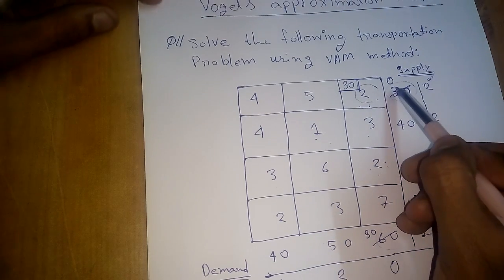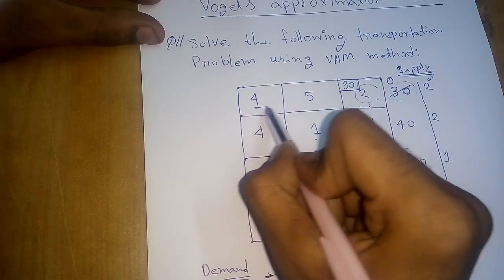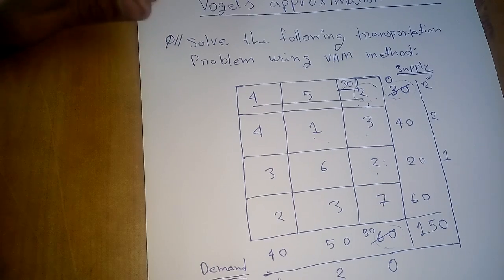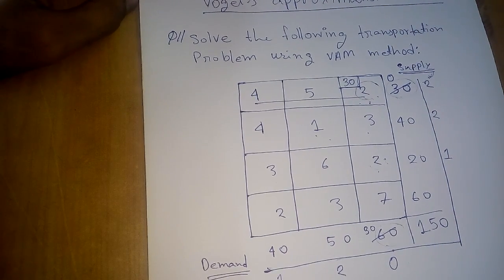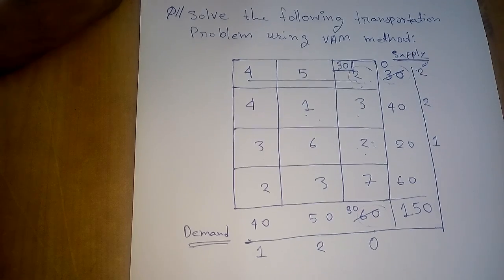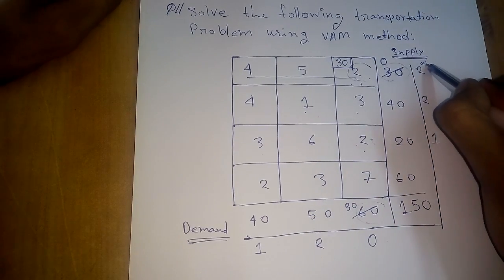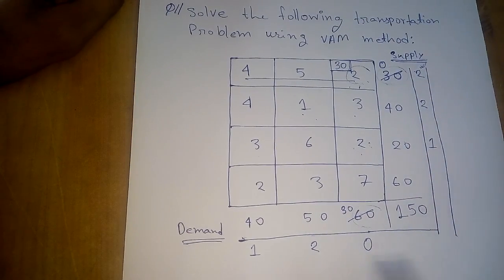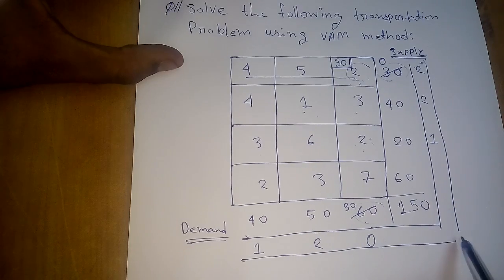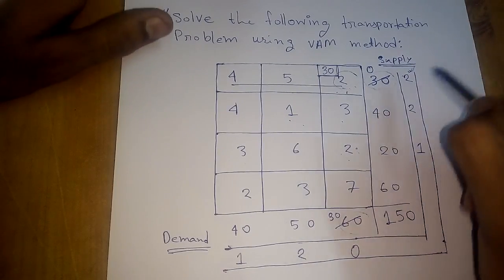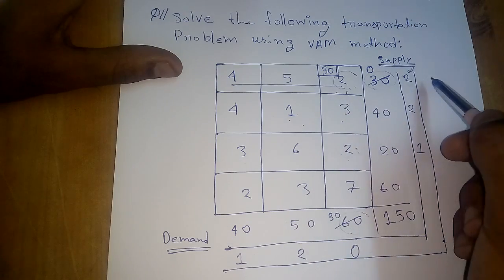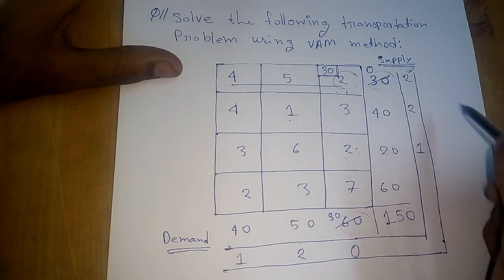As this value is 0, the total row will get cancelled. And then again we have to check the penalty values. So there are no values, then we don't have to write any value here.